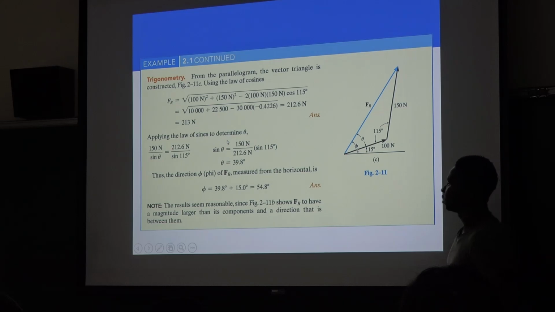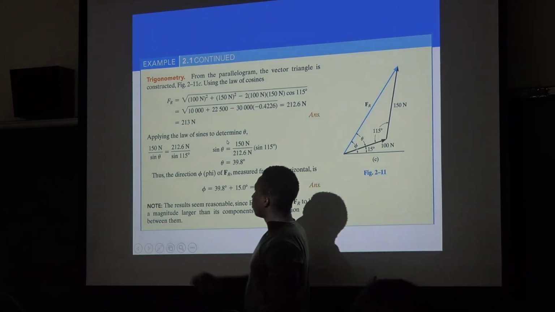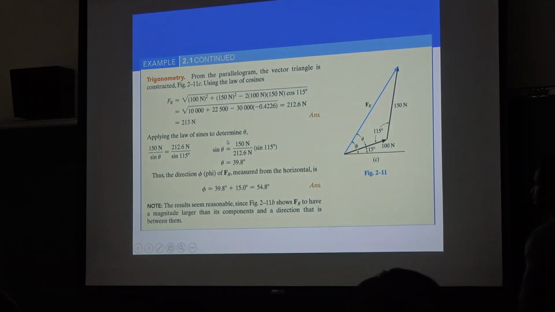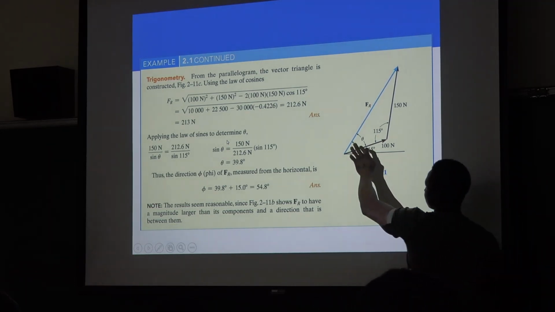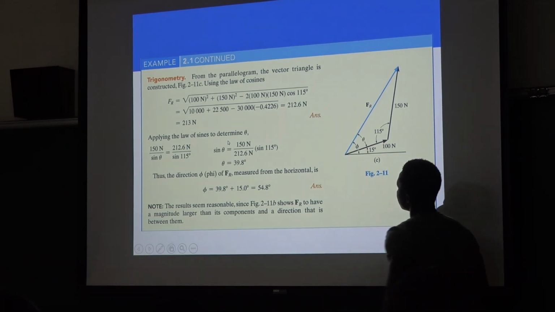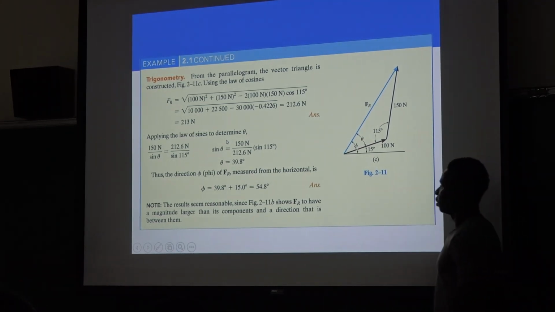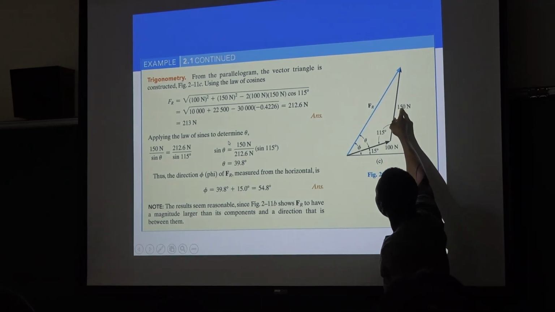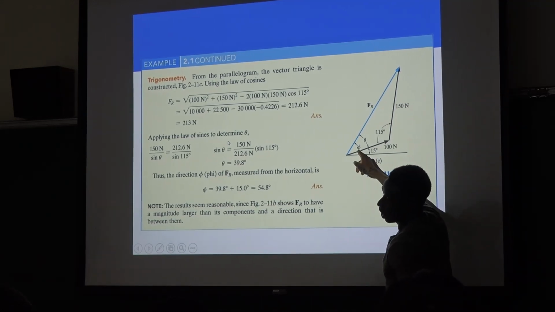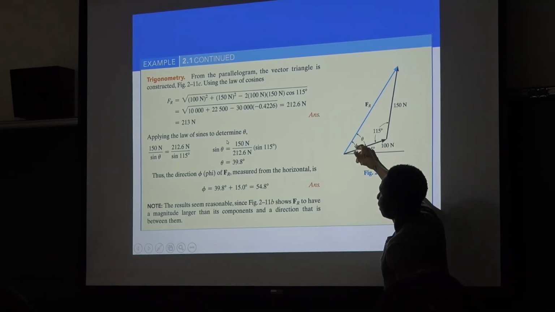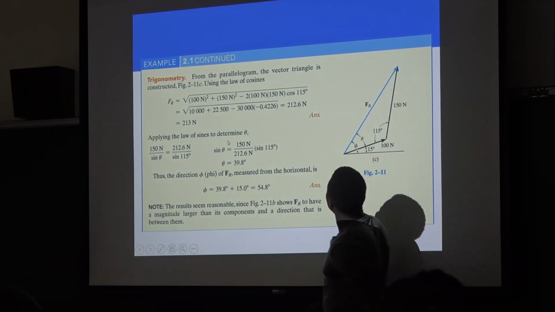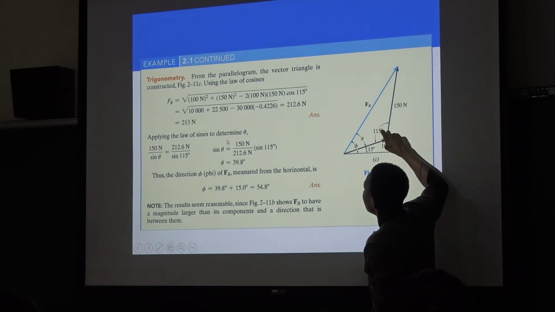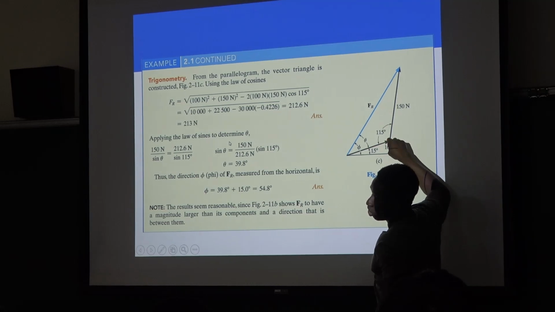Okay, and once you obtain that, now we apply the law of sines to determine theta. We want to find this angle. So 150 here corresponds to this angle, right? 150 over sine theta should be equal to FR, we already know, 212.6 divided by sine 115.